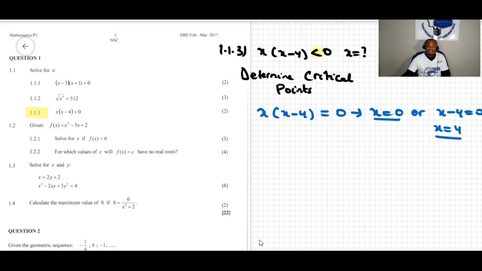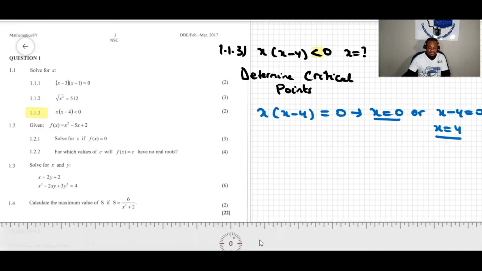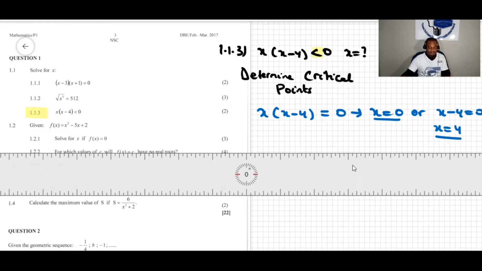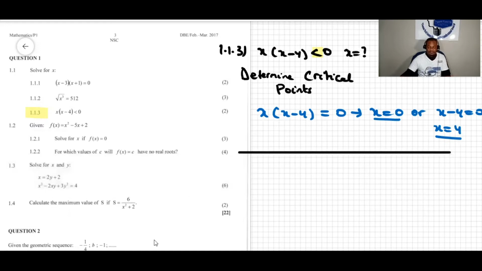Now that we have determined the critical values, we need to draw a number line to see the intervals clearly. I'll show the number line, and then I'll place the critical values of x in ascending order.